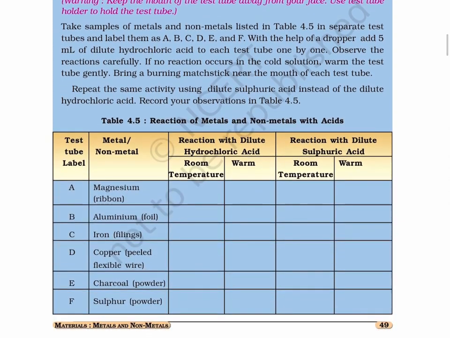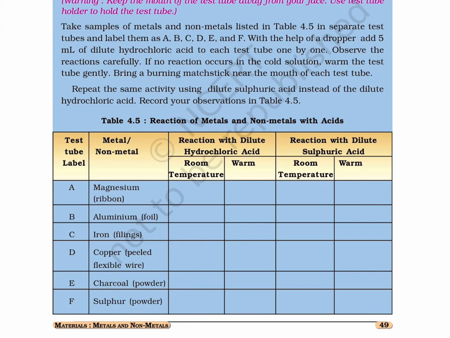Observe the reactions carefully. If no reaction occurs in the cold solution, warm the test tube gently. Bring a burning matchstick near the mouth of each test tube. Repeat the same activity using dilute sulfuric acid instead of the dilute hydrochloric acid. Record your observations in Table 4.5.